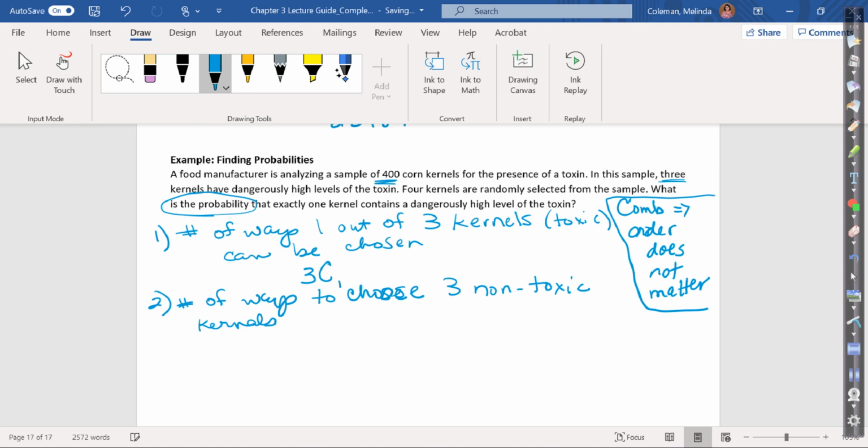So that means that there are 397 non-toxic kernels, of which we're going to choose 3. So we're going to choose 3 non-toxic out of the 397 that are not toxic.